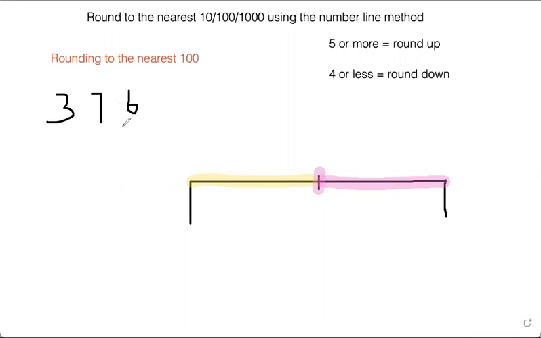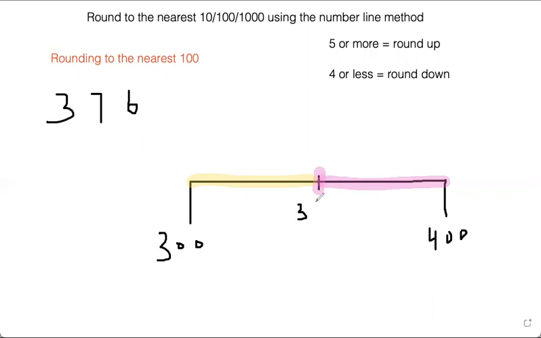So 376 is in between 300 and 400. Why am I now writing 300 and 400? Because we are rounding to the nearest 100 now. So we're looking at the hundreds, tens, and the ones together. Previously, we just looked at the tens and the ones. Now we're looking at the hundreds, tens, and ones. So 376 is in between 300 and 400.